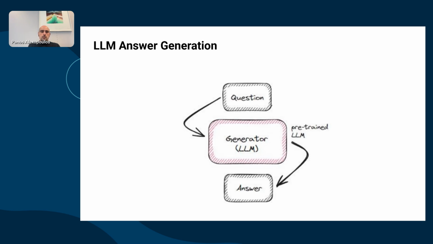The second is the problem of knowledge cutoff, the fact that we cannot always expect that a large language model will have information about our particular domain or about our particular knowledge and documents that perhaps are not accessible. And a third limitation is the lack of explainability, the fact that we can get an answer, maybe even with an explanation about this answer, but this explanation might not be as trustworthy as we would like.